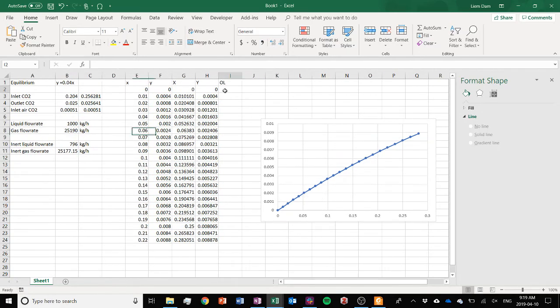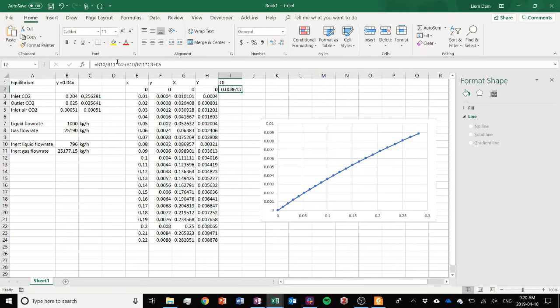Right, so now let's calculate our operating line. So our operating line equation is like we derived earlier. It's equal to the liquid flow rate divided by the gas flow rate times x, and then plus the liquid flow rate divided by the gas flow rate once again, times the inlet CO2 ratio plus the inlet air ratio.